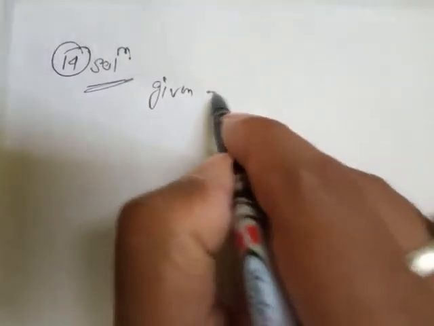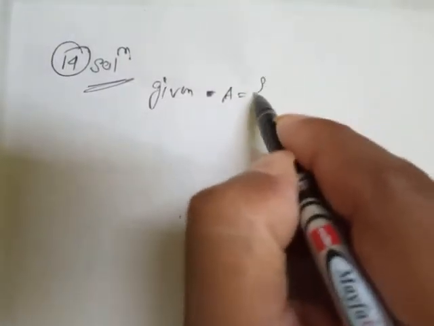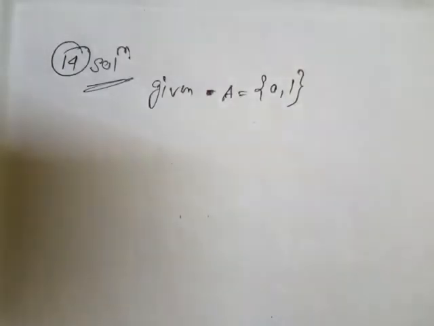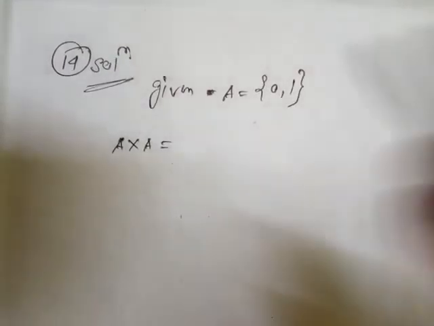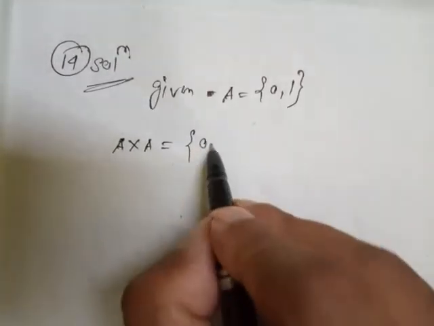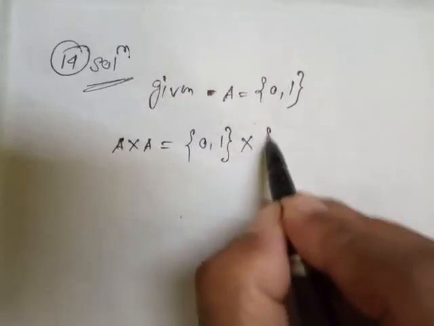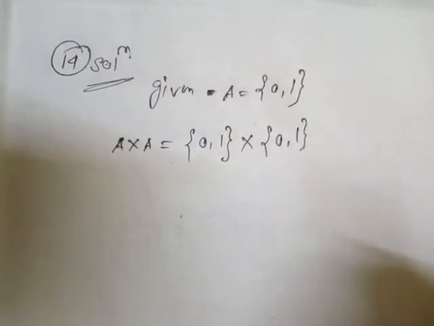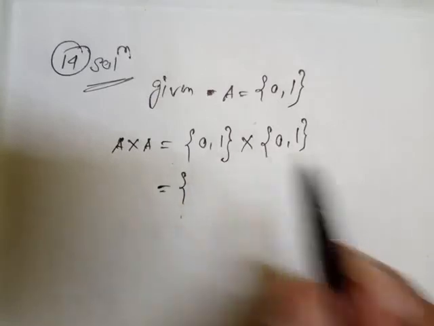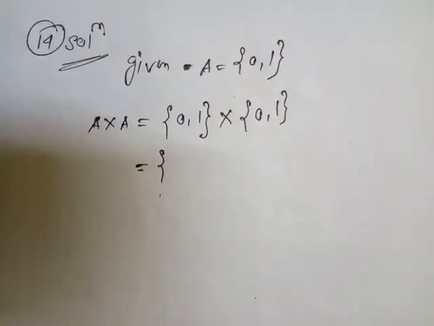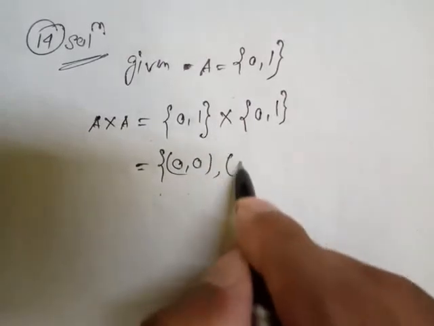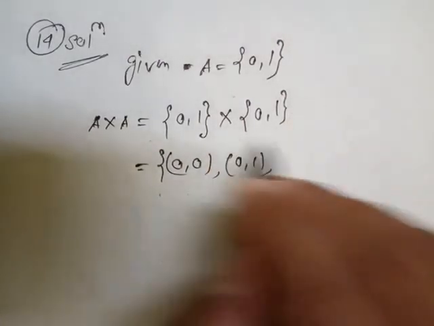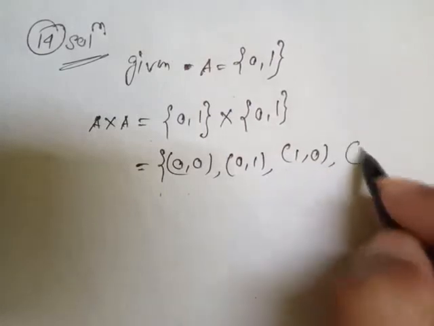Given A equals 0 comma 1, we have to find out A product A. First of all we'll go for A product A only. So 0 comma 1 product 0 comma 1: 0 comma 0, then 0 comma 1, then 1 comma 0, then 1 comma 1.